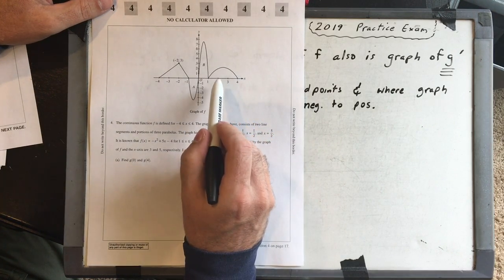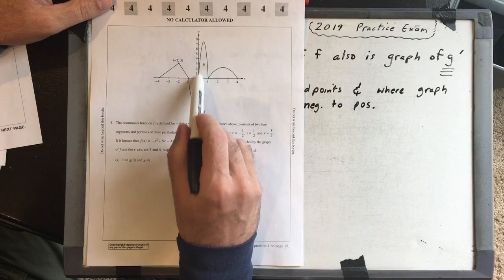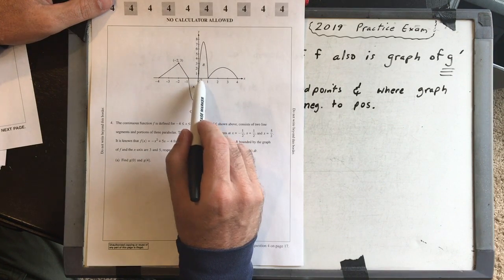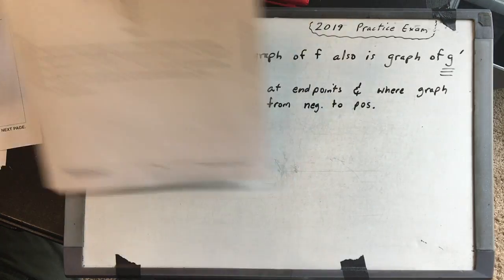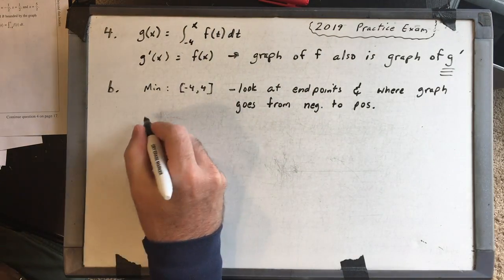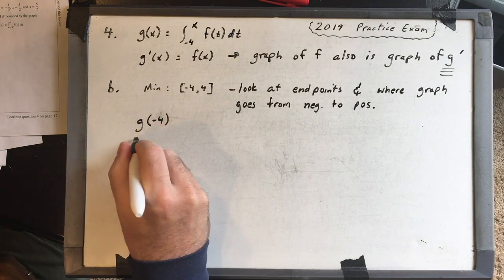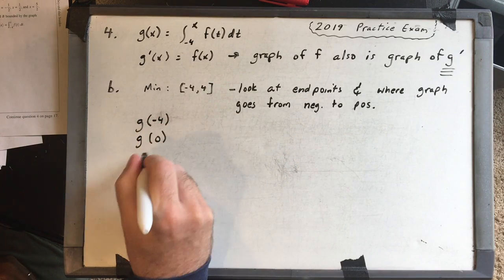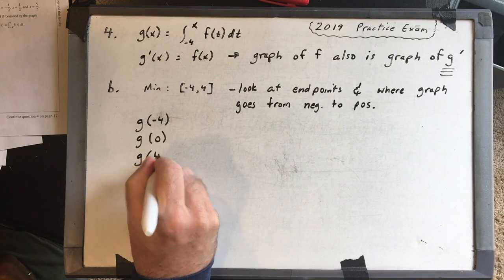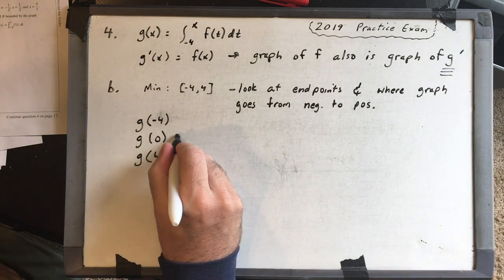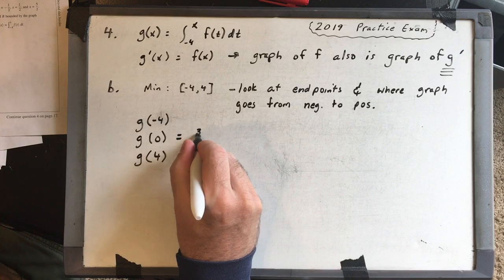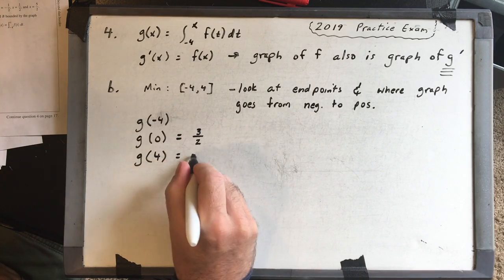And then we know it goes from negative to positive, the graph, because that tells you where there's a minimum at 0. So we're going to look at G of -4. That's a possibility. G of 0 and G of 4. Luckily, we already have two of these. We figured out G of 0 is 3/2 and G of 4 is 11.